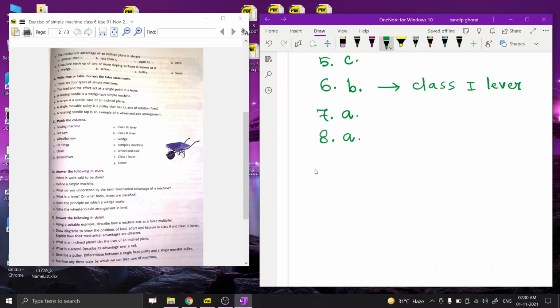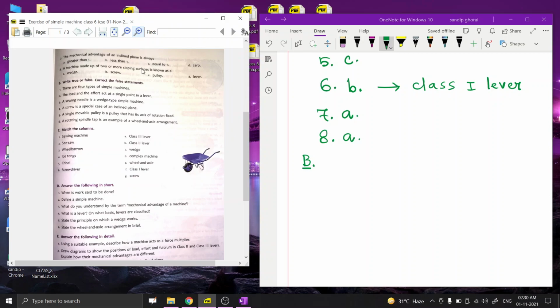Now we move to our next type of question, that is B. Write true or false and correct the false statement. Okay, so in this case the first statement is: there are four types of simple machines. Is this true or false? The statement is false.